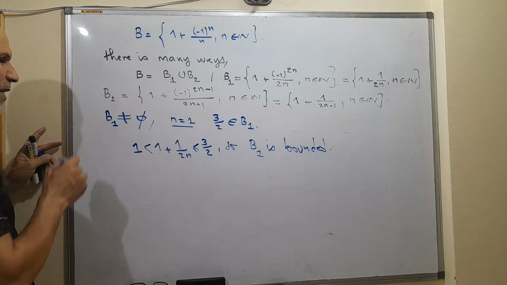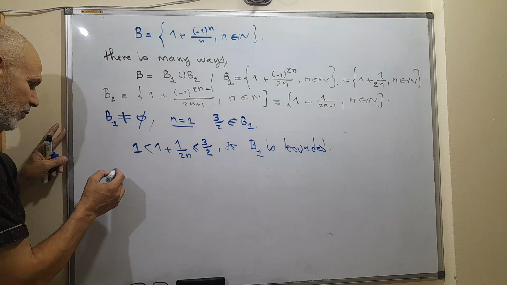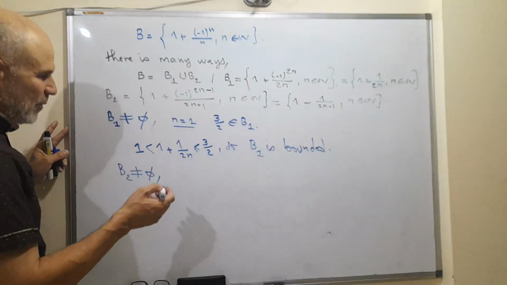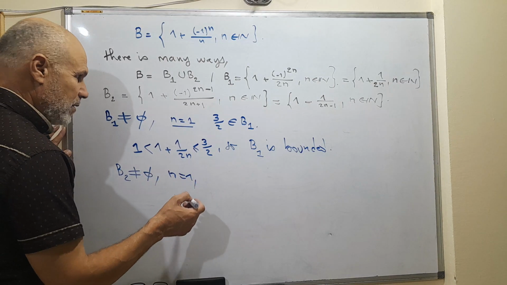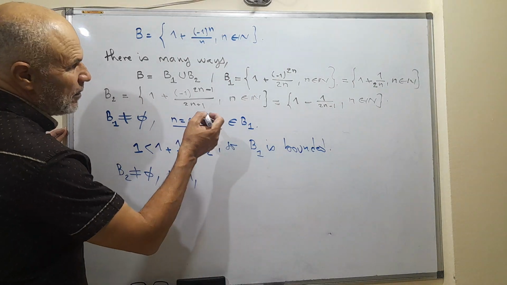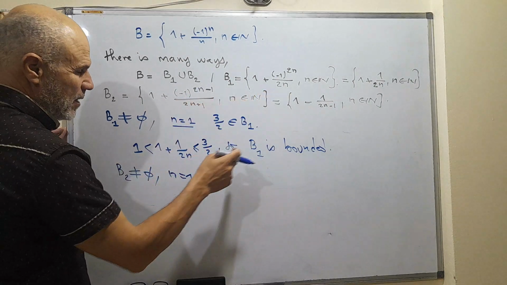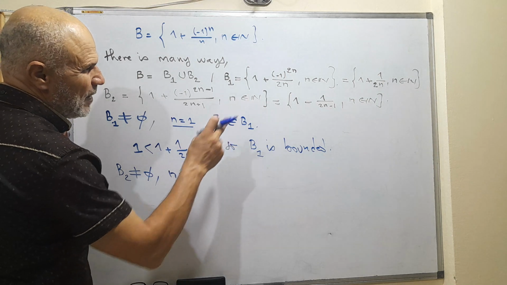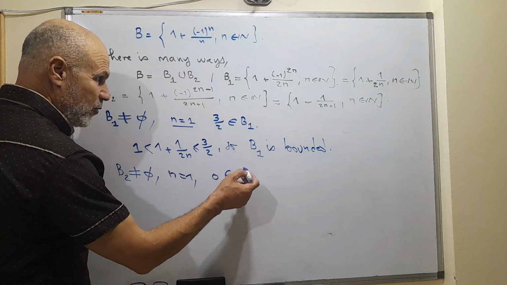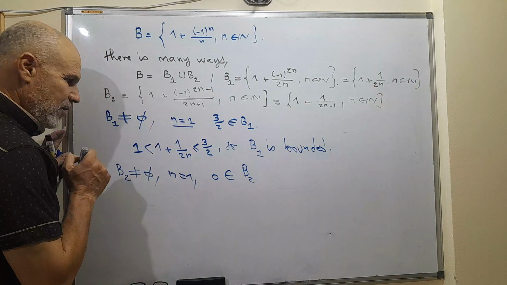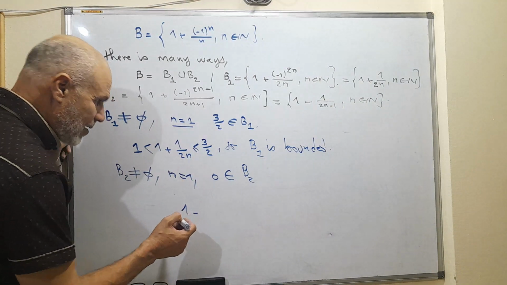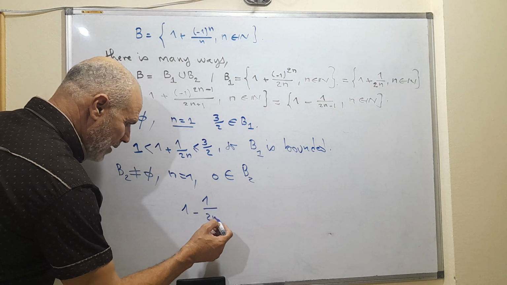The same thing with B2. B2 isn't empty. Why? Because for n equal to 1, we have 1 minus 1, so we have 0, which belongs to B2, so it is not empty. And we have 1 minus 1 over 2n minus 1.